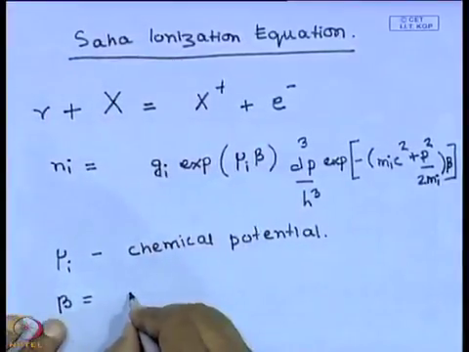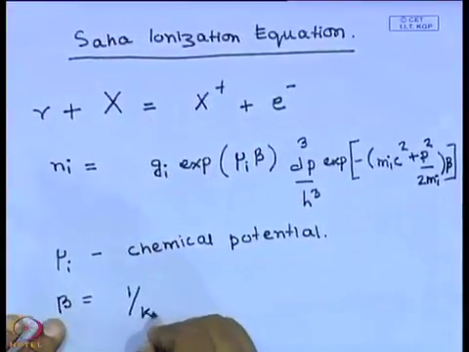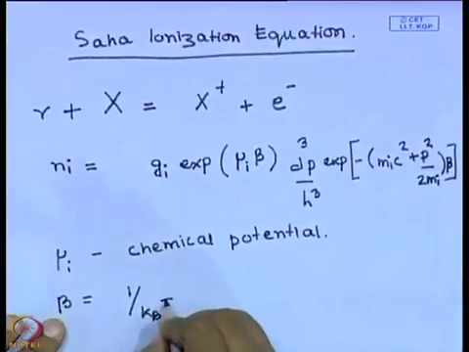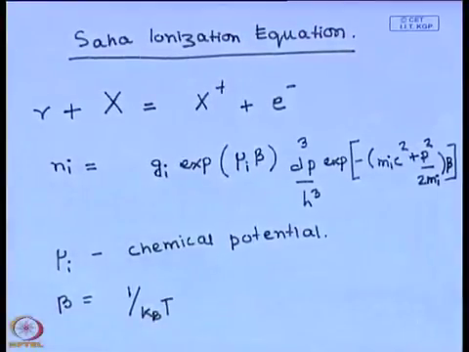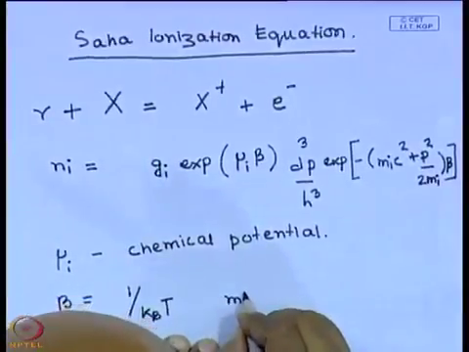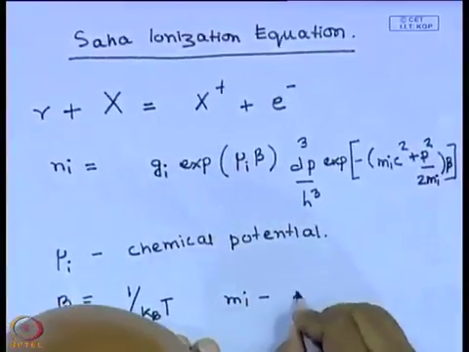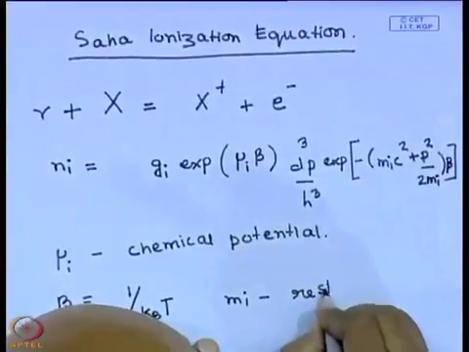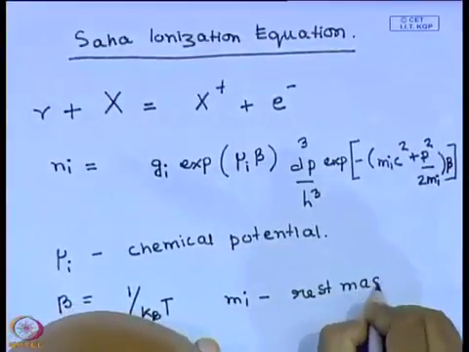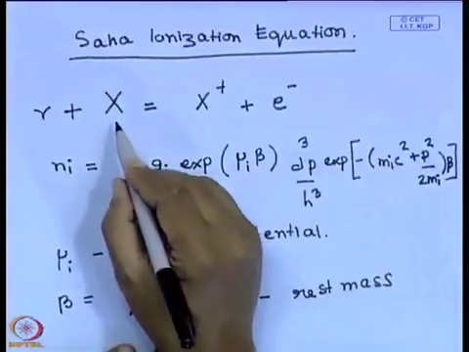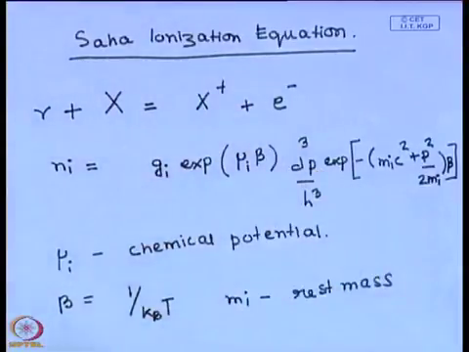It is 1 by the Boltzmann constant into the temperature. m_i is the rest mass of the ith species, and i could refer to either the atom, the ion or the electron.